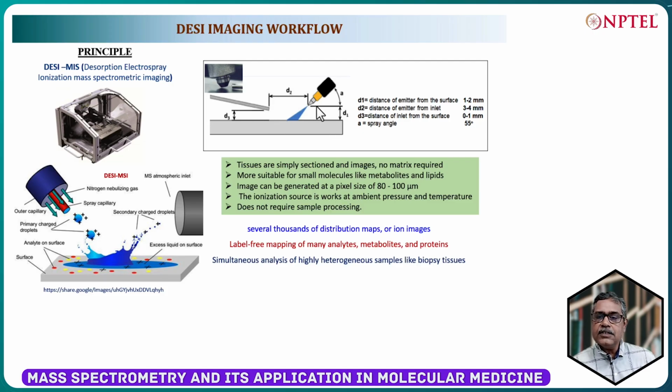Now, these distances are roughly mentioned here. D1, the distance between the surface and the spraying system, is about 1 to 2 millimeter. D2, the distance between the emitter and the inlet, is about 3 to 4 millimeter, this distance in the instrument itself.